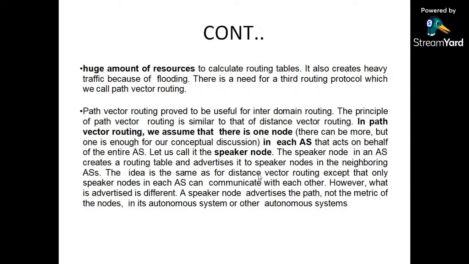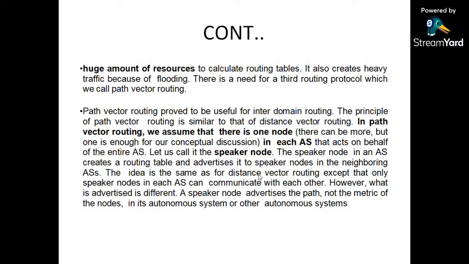In path vector routing, we assume that there is one node in each autonomous system that acts on behalf of the entire autonomous system. Suppose there can be more, but one is enough for our conceptual discussion. Let us call it the speaker node.